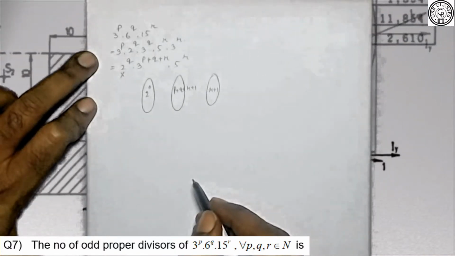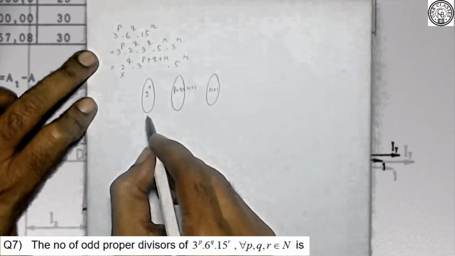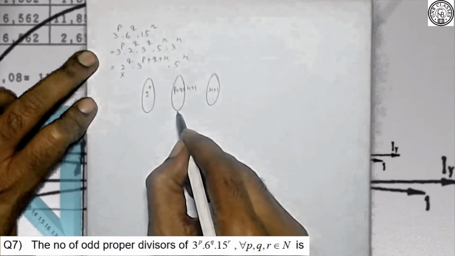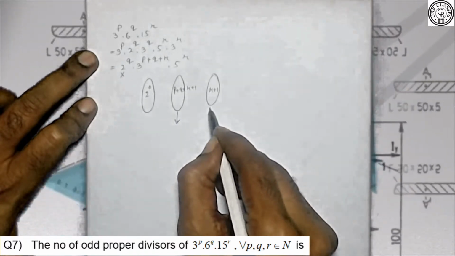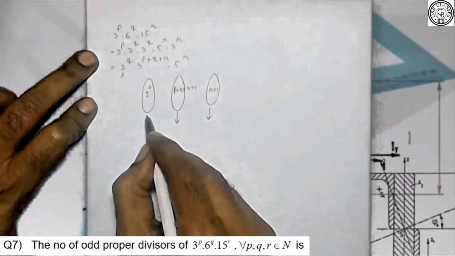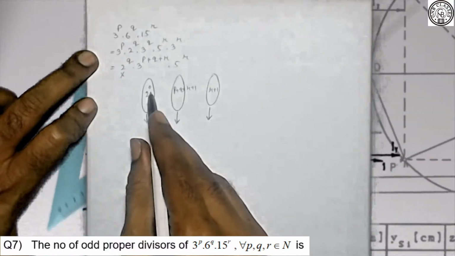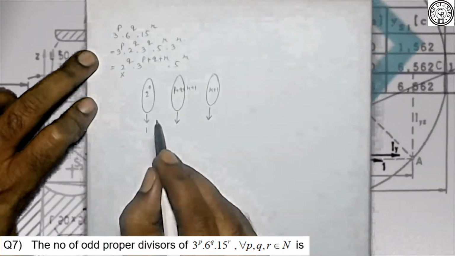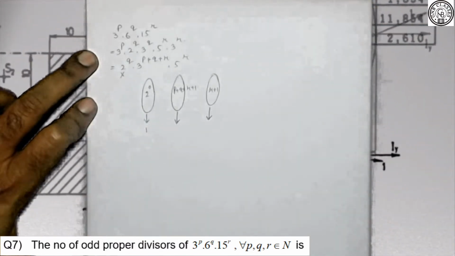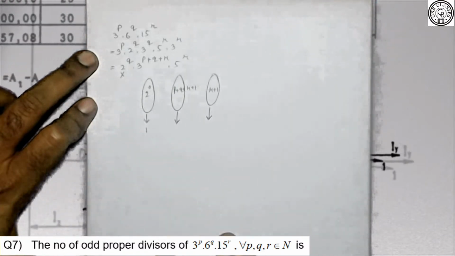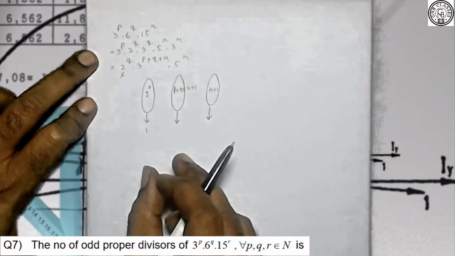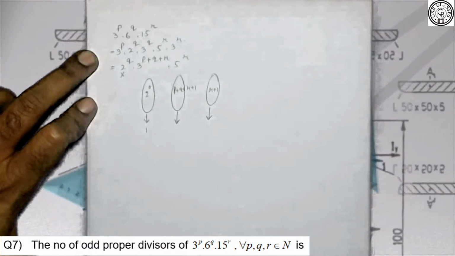Now, since it is an odd divisor, we choose one element from each set, and from the first set it will be only 2 to the power 0, that is only 1 choice, because there will be no 2 present in the divisors we are going to calculate. That will give you the odd divisors.